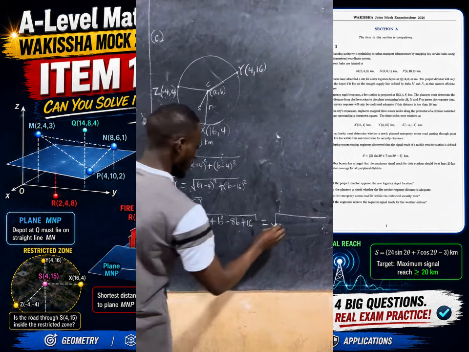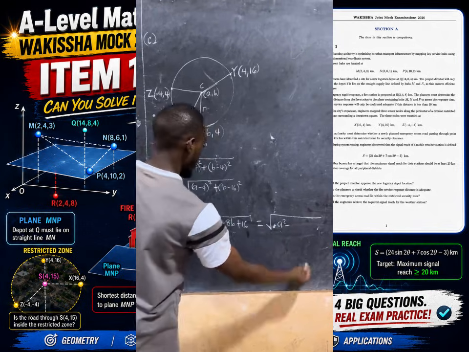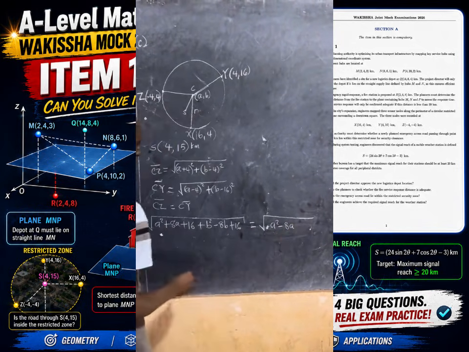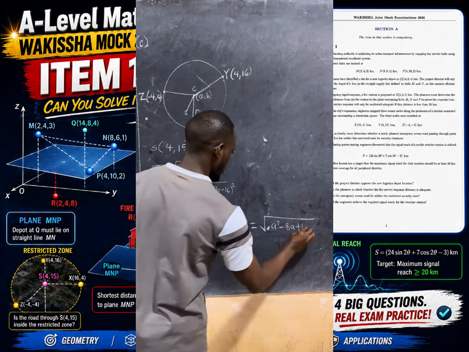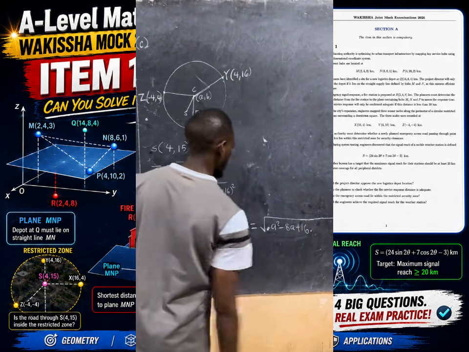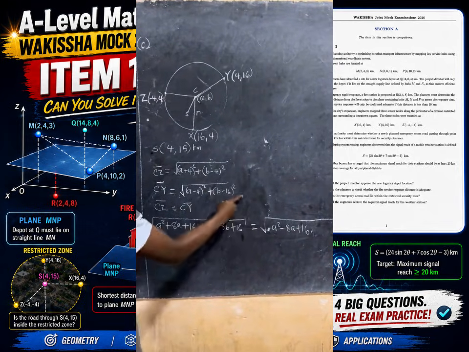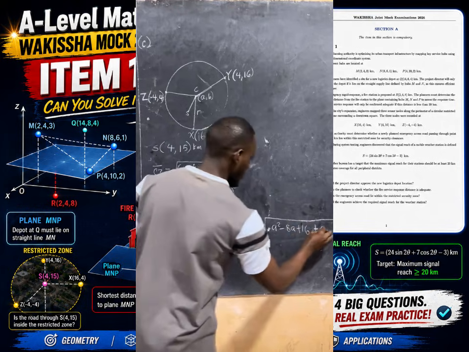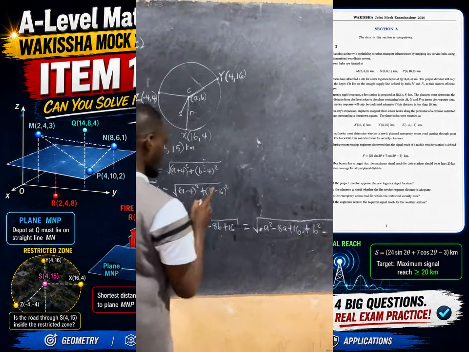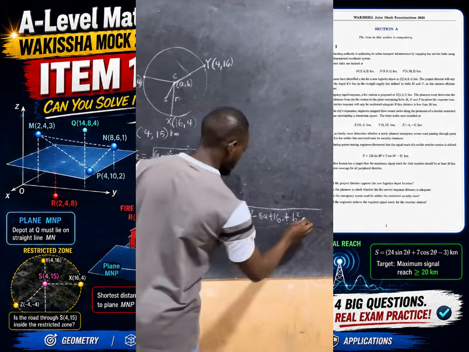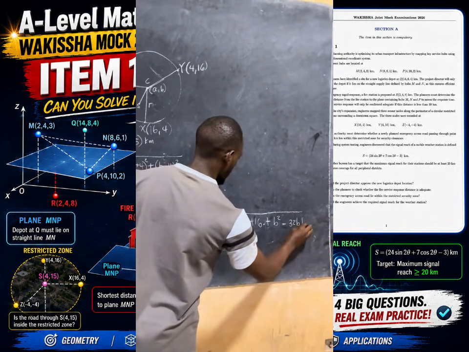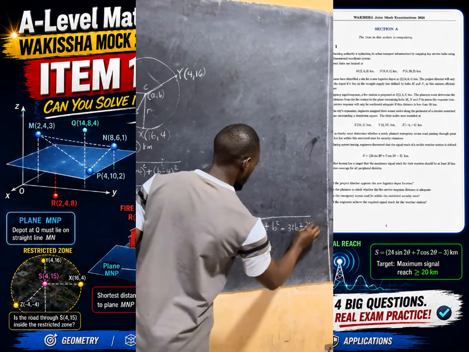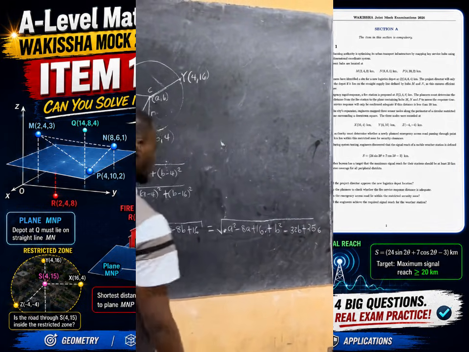expanding this will give us a squared minus twice the product, which is 8a, then plus 16. Then I also expand this, plus b squared minus twice the product of this and this, which would be 32b, then plus 16 squared, which is 256.